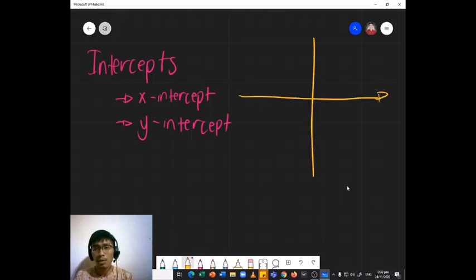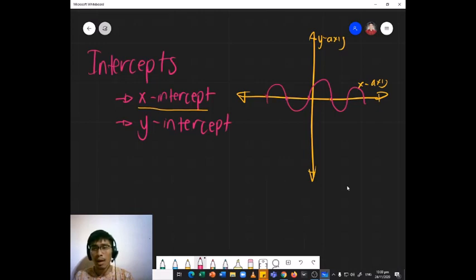We have the horizontal one, which is the x-axis, and the vertical one, which is the y-axis. When I say x-intercept, this is the part of the graph that touches our x-axis.